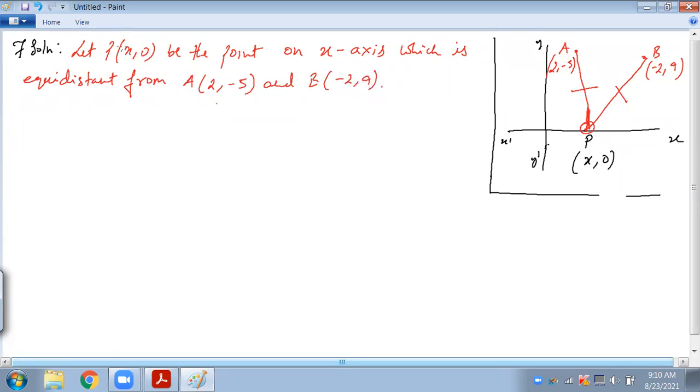Now, since the point P (x, 0) is equidistant from these 2 points, therefore we can take AP equal to BP.